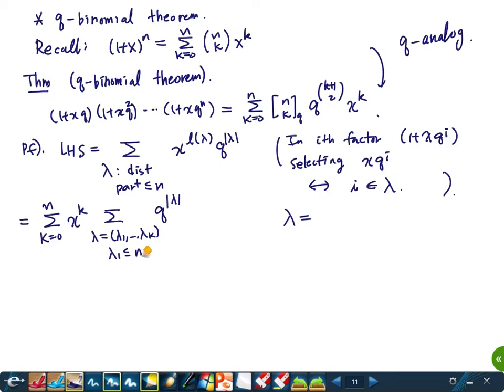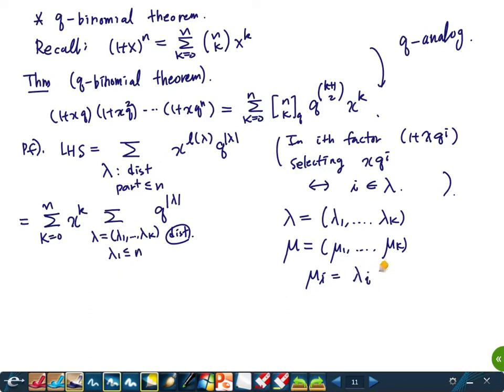Now I'm going to rewrite this one more time so that we can get the q binomial coefficient. If we don't have this condition, oh yeah, distinct, I forgot to say distinct. If you don't have this, this is easy. We know this. But q binomial is a partition inside a rectangle, something like that. So we want to remove this condition. We can do that by defining mu this way. Mu 1 through mu k, where mu i is equal to lambda i plus something.